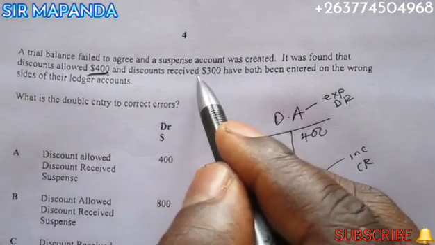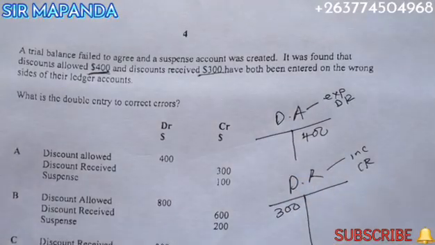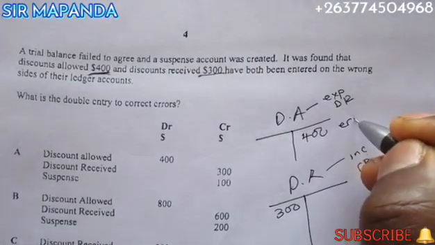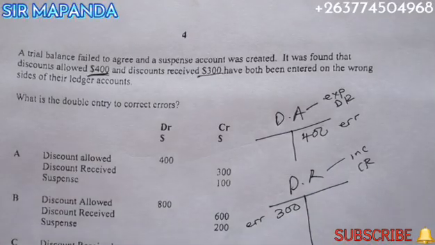This discount received of 300 was debited in error instead of being credited, since it was income. So this 400 denotes error, this 300 denotes error. We now want to correct the errors.